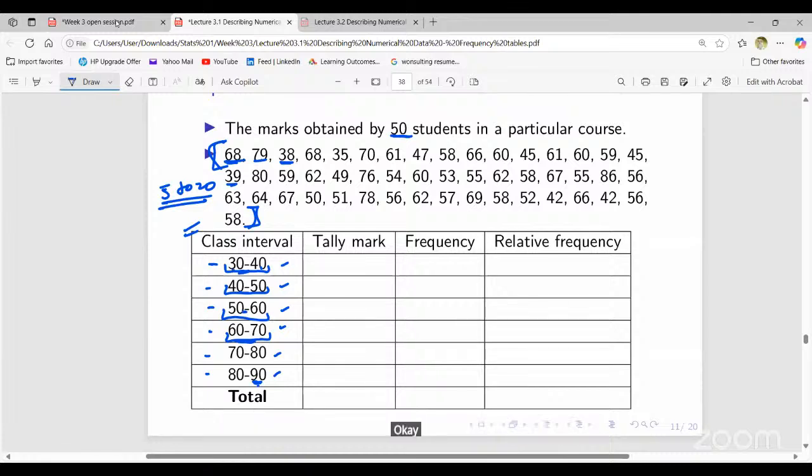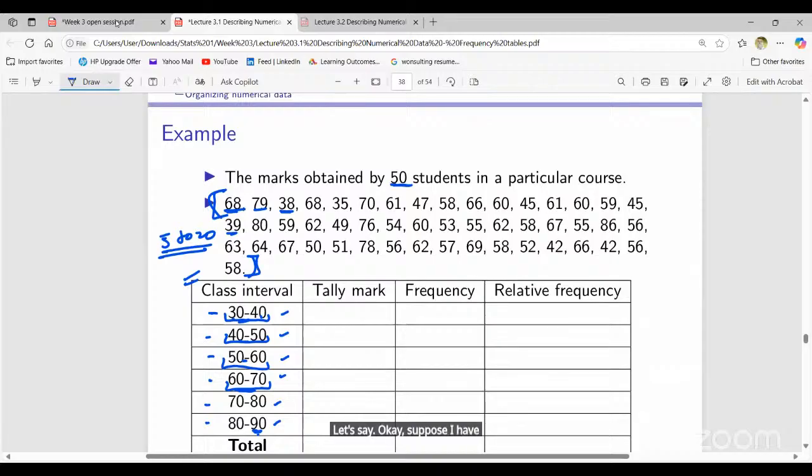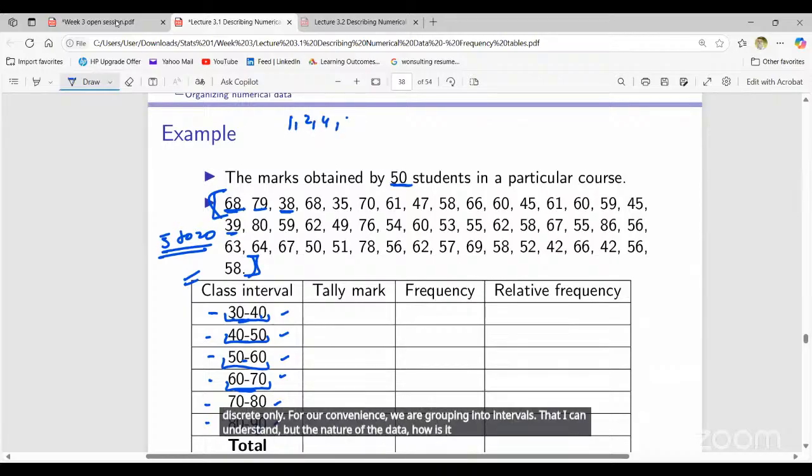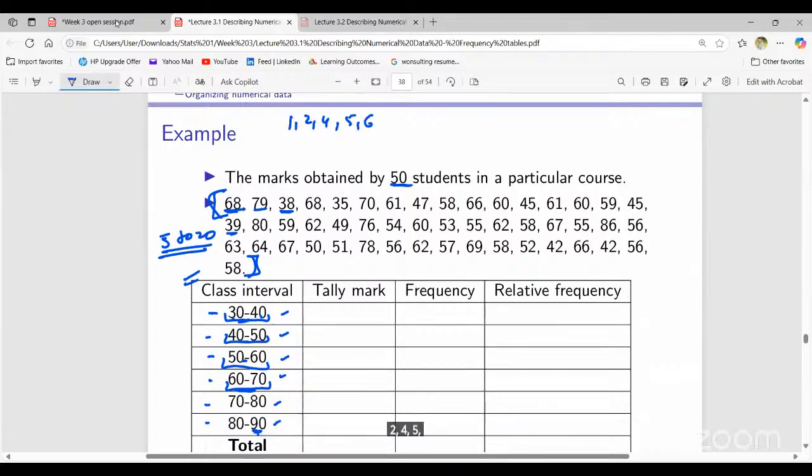Okay. Suppose I have data like this: 1, 2, 4, 5, 6, 8, 2, 4, 1, 2. This is my data.